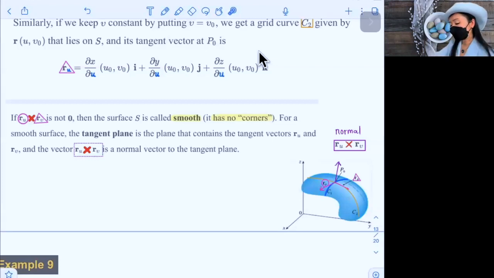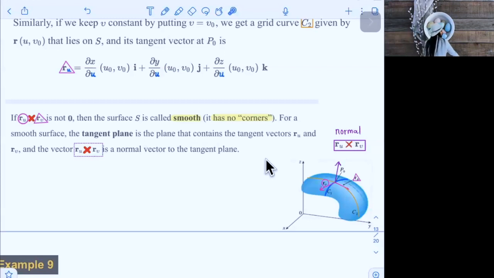and you have A and B, two non-parallel vectors, right? Then for that surface, it's going to be determined by these two vectors. Okay. Now at this time, we have two vectors on this tangent plane.